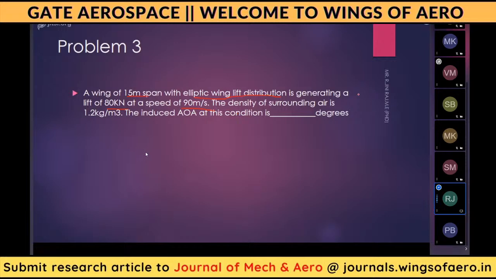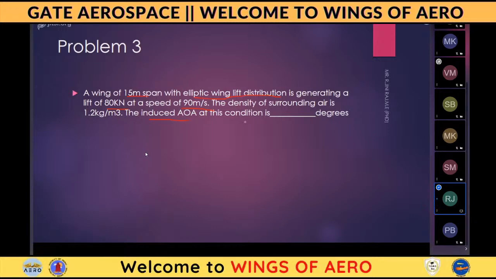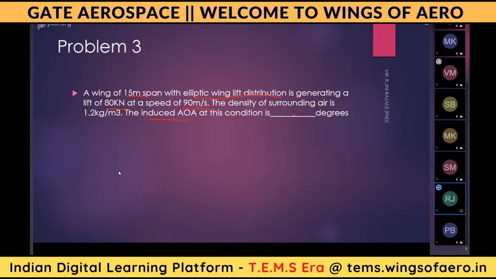The density of surrounding air is 1.2 kilogram per meter cube. You need to find the induced angle of attack in degrees.